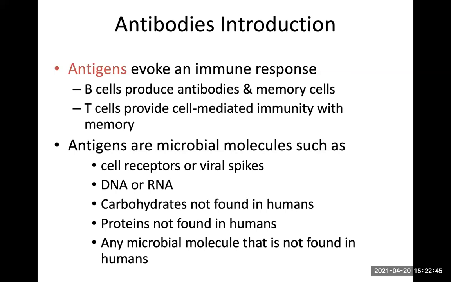I don't have any specific examples of a protein offhand, but there are going to be different types of proteins that are common to bacteria or fungi and are not found in humans that can be good targets. So essentially, any microbial molecule that's not found in a human and stimulates the immune system to make antibodies.